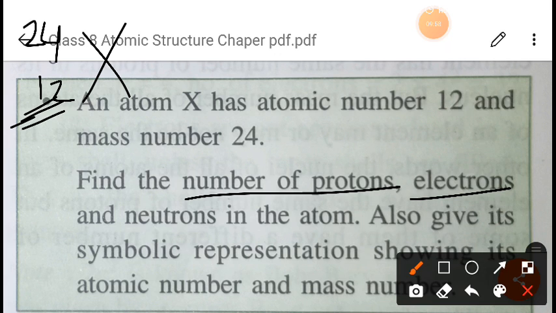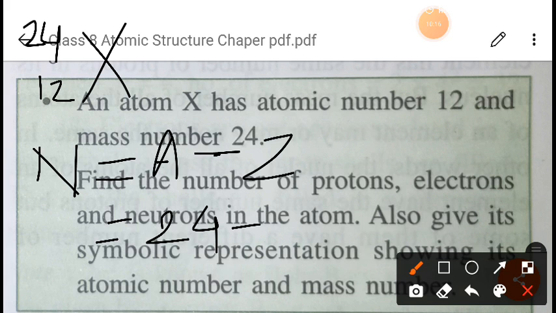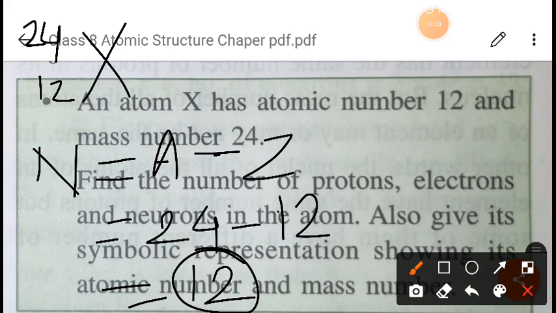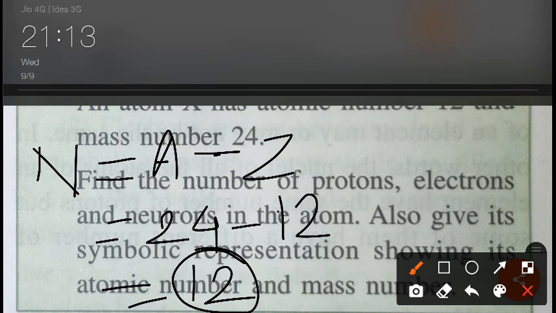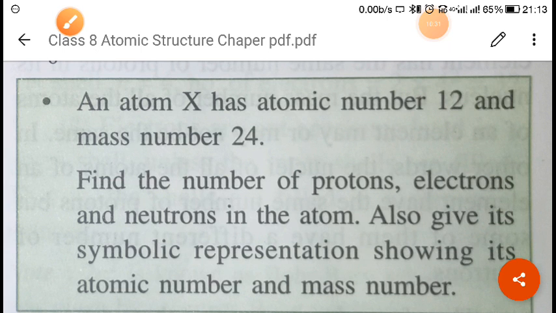Suppose the neutron number is n, so n is equal to A minus Z. A is 24, and 24 minus 12 is 12. So the number of neutrons will be 12, the atomic mass will be 24, and the atomic number, number of protons and number of electrons will be 12. I hope you have understood this, right?